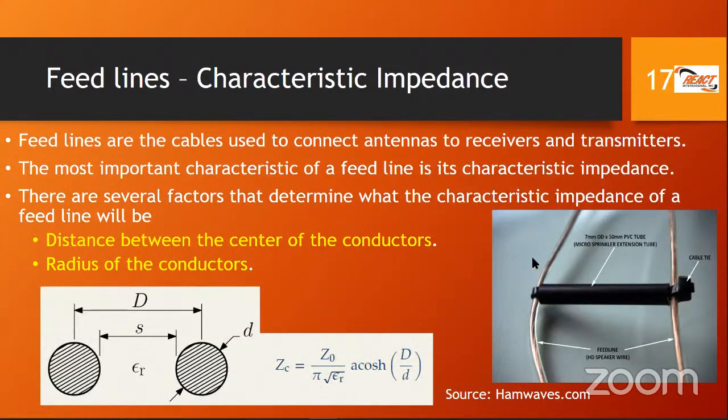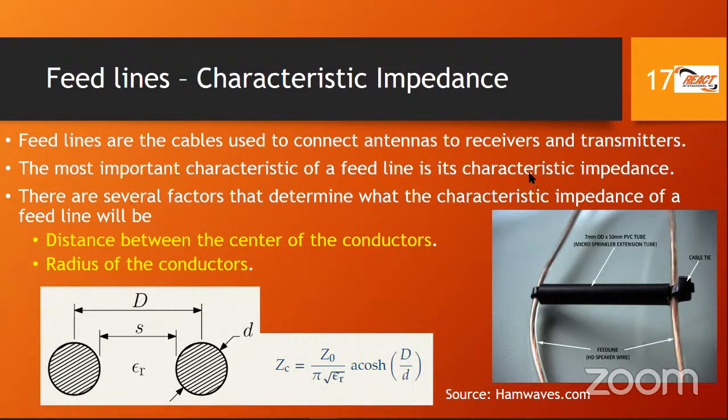But we are going to talk about this type of feed line because remember, feed line is what connects your antenna to your receiver, your transmitter. And there's a characteristic about the feed line that we need to be aware of. It's called the characteristic impedance.